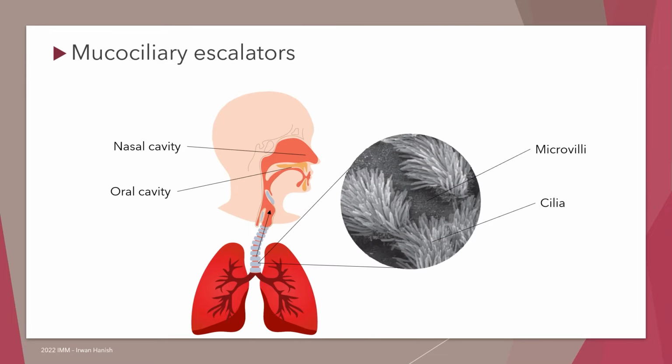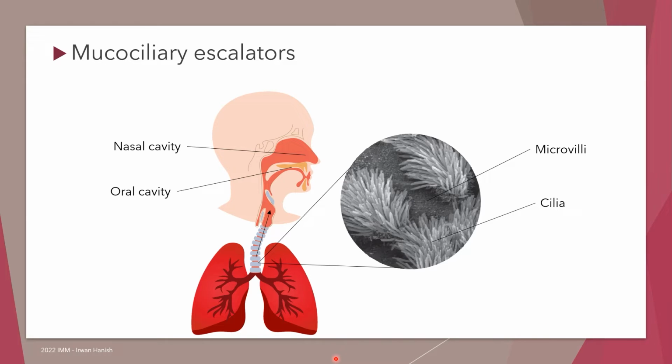When you think about the physico-chemical barriers, I want you to remember that some of them are dynamic. It means they actively move as part of the defensive process. A clear example of that is mucociliary escalators. We have this in our respiratory tract. It comprises hair-like structures, very, very tiny, called microvilli and cilia.